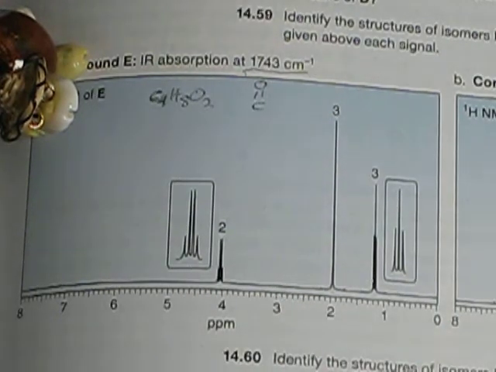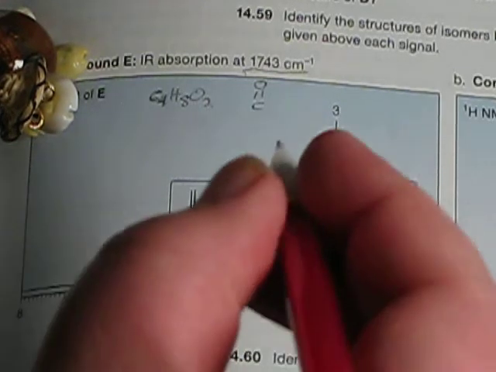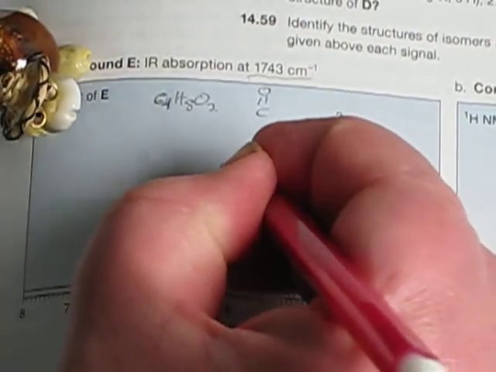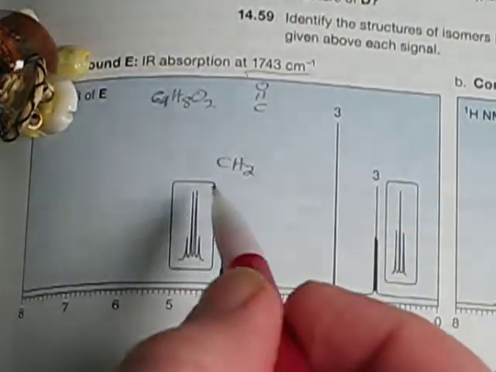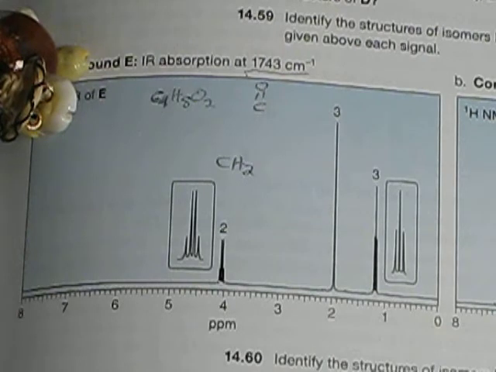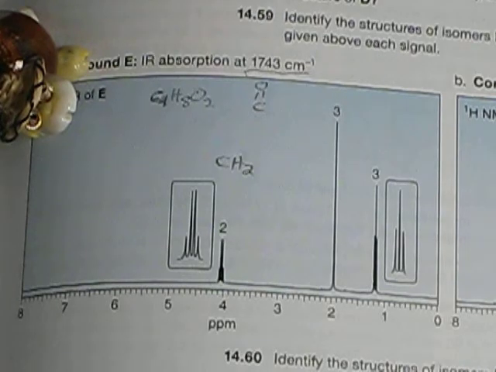Now, there are various ways something can integrate to 2, but one of the most obvious ways is if it is a CH2. A carbon with 2 hydrogens on it, a CH2, is the most obvious way to have something integrate to 2 equivalent hydrogens. Okay, doesn't mean I'm right, but that's the most obvious.